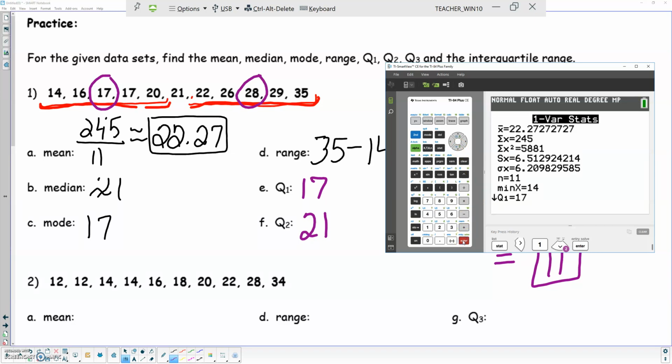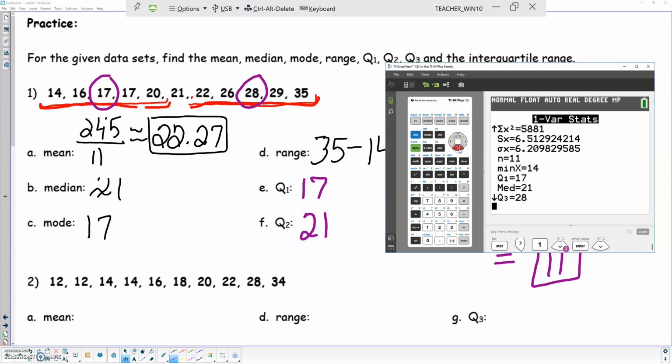And then you get the following screen. So this first piece of information, the x with the little bar over it, that represents your mean. So you'll notice we found that the mean was 22.27.